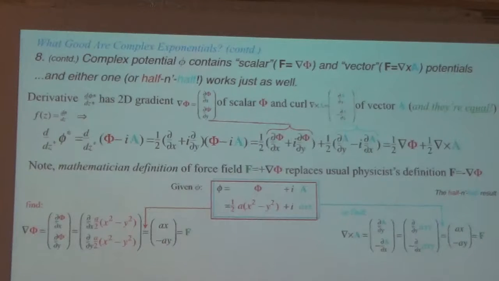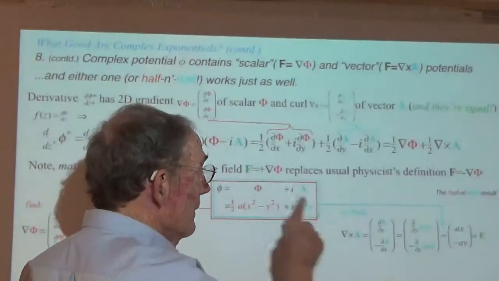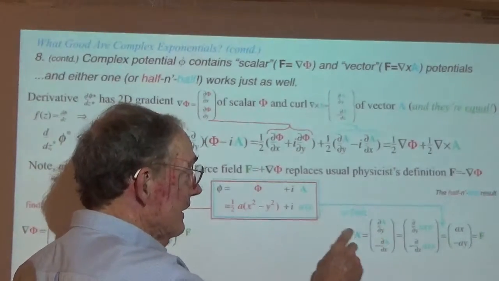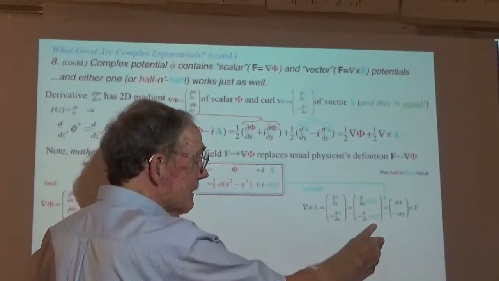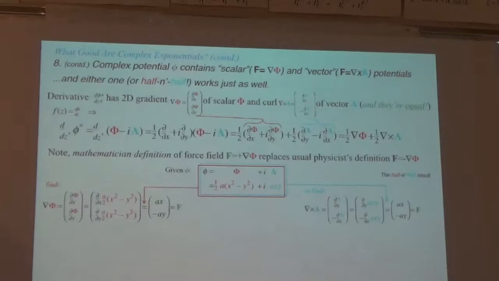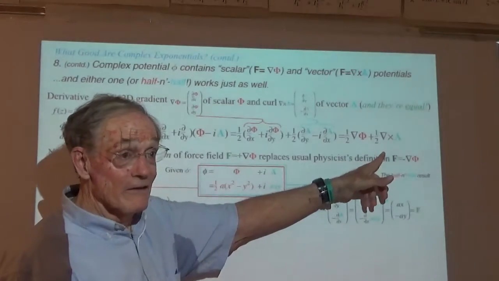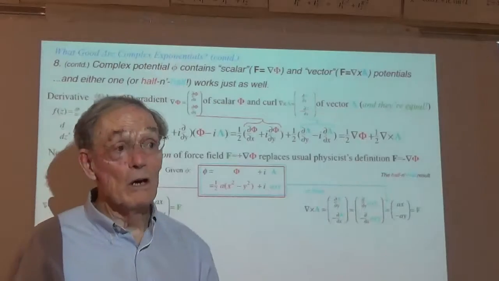So here's the idea. The gradient of this potential, this x squared minus y squared, the scalar potential, or the curl of the imaginary part of the potential, that's the A x y here, okay? Both of them give you the same answer. Work it either way. That's the half and half idea: either this, or half of one and half of the other, or anything that adds up to 1.